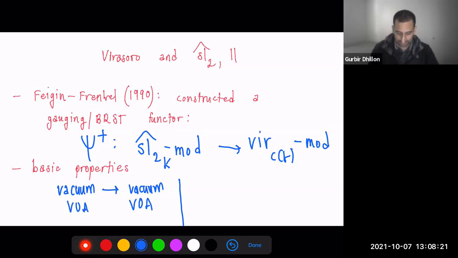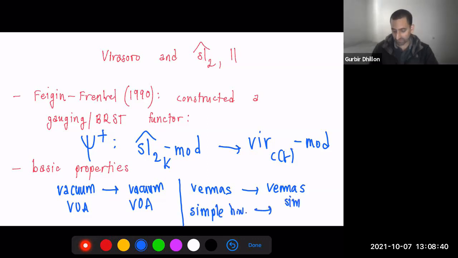Another comment is that it plays nicely with highest weight representations. So the statement is that it sends Vermas to Vermas, and it sends simple highest weight modules to either a simple highest weight module or 0.